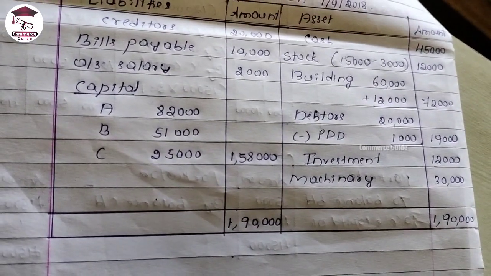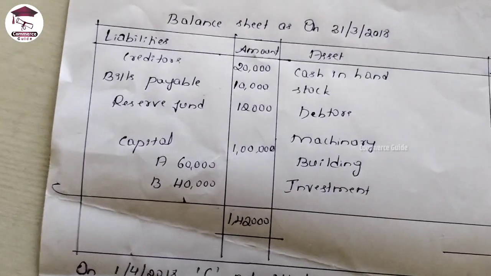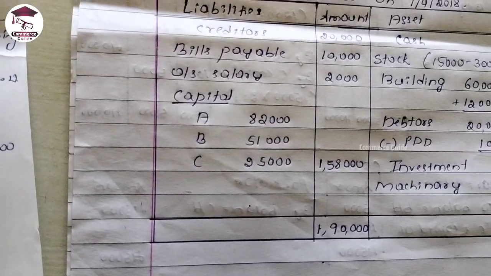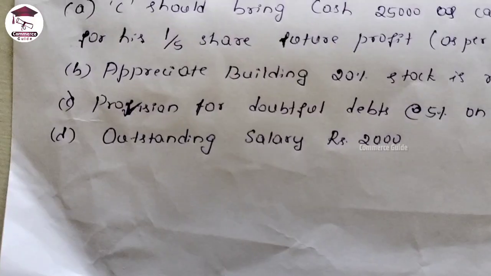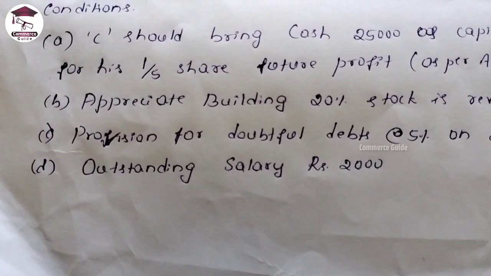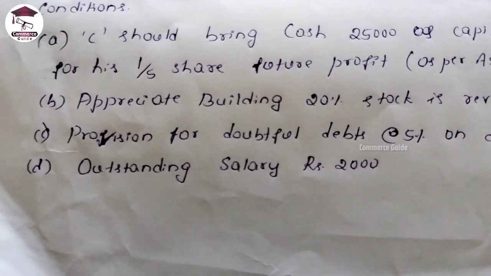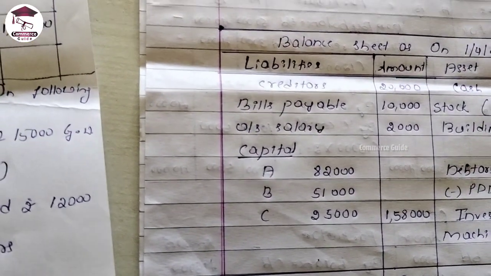And on the liability side, creditors is 20,000, bills payable 10,000. We have to write creditors 20,000, bills payable 10,000. In the adjustment, we need to see outstanding salary, that is a liability, 2,000.